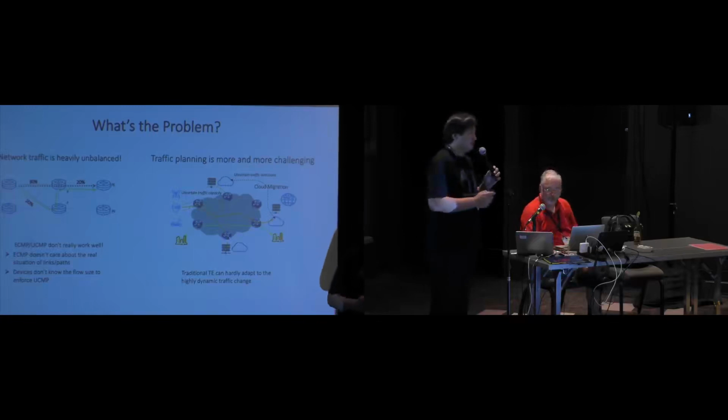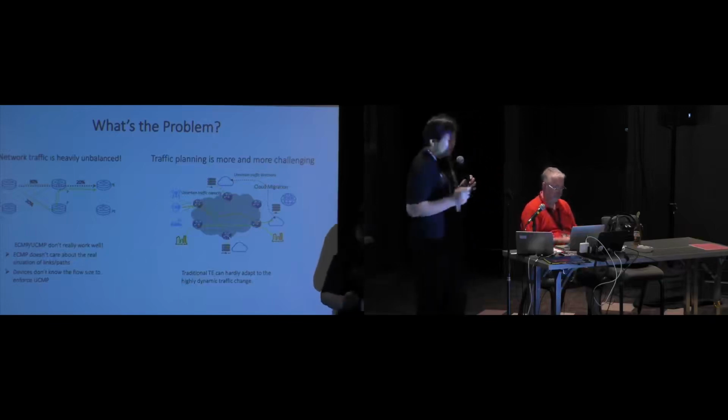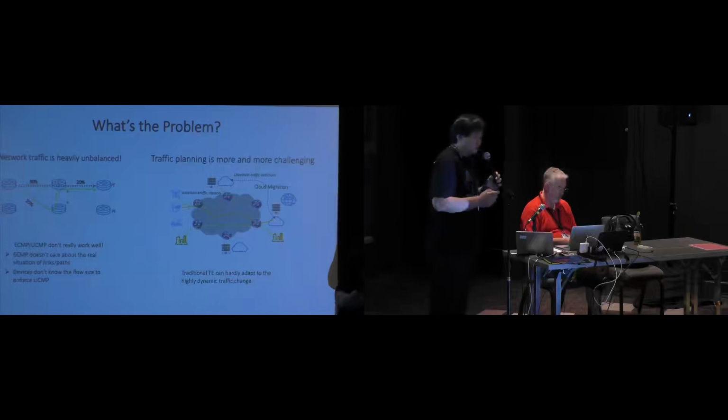Although we have ECMP or UCMP, such kinds of technologies, usually they don't really work very well. And second, the traffic is always changing so fast, and traditional traffic engineering technology cannot adapt to the traffic in real time.